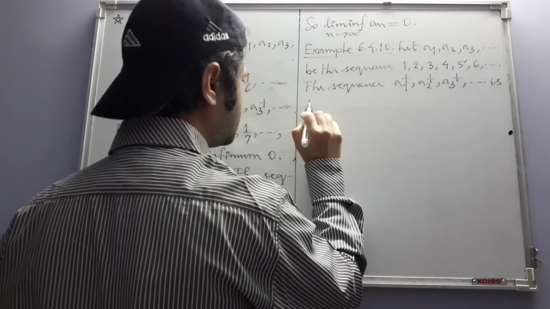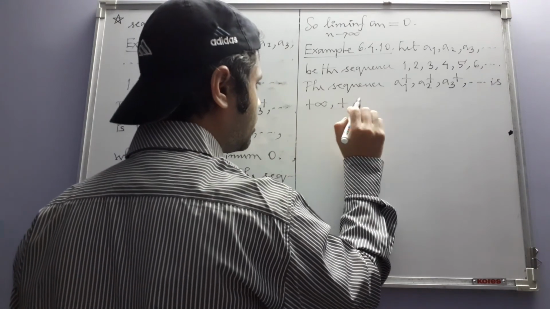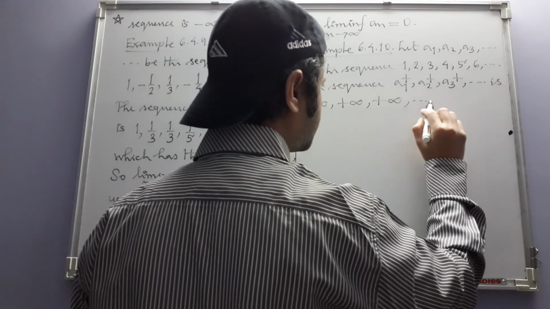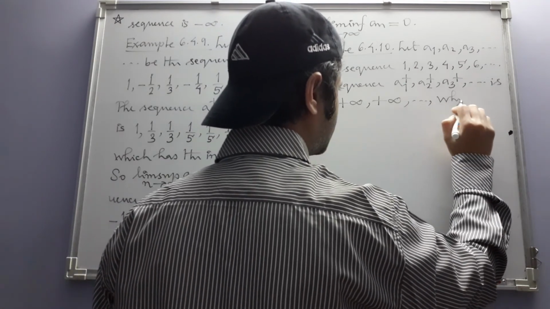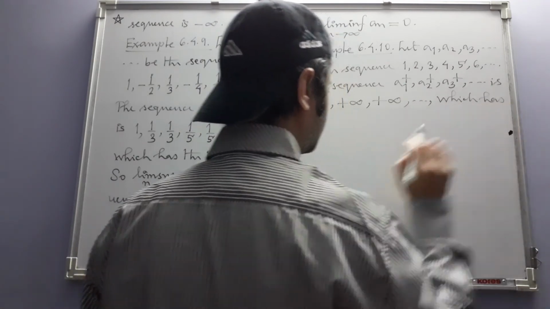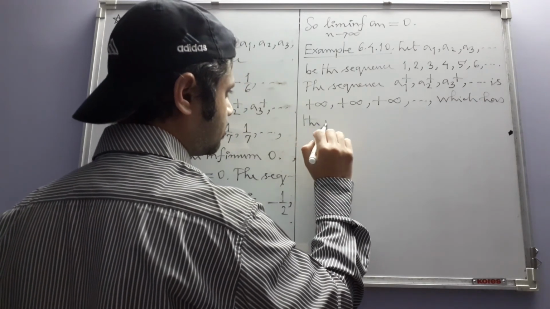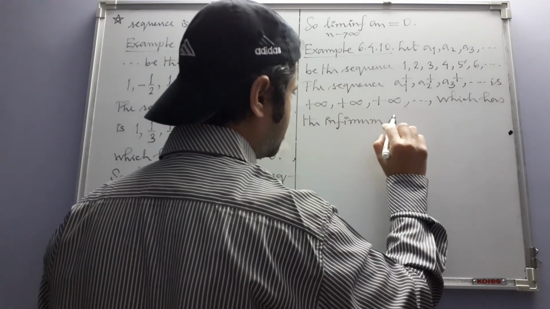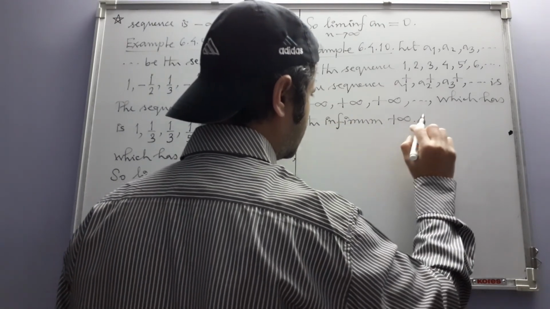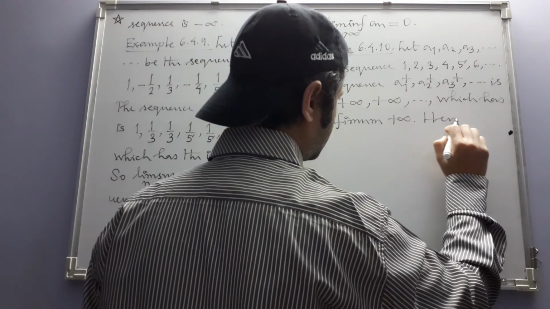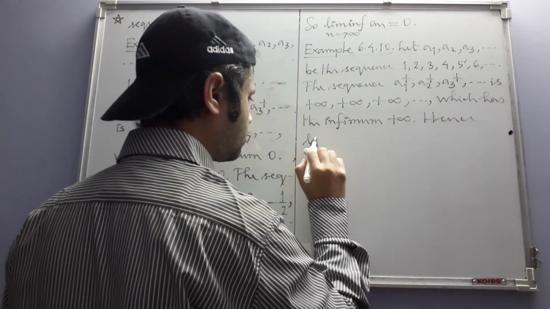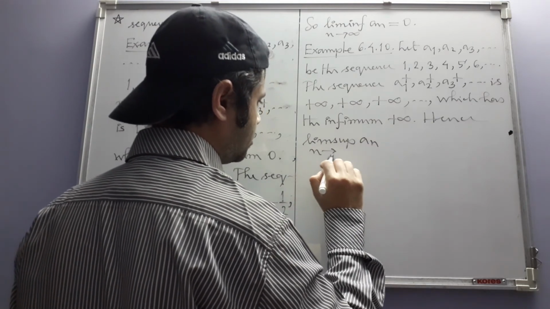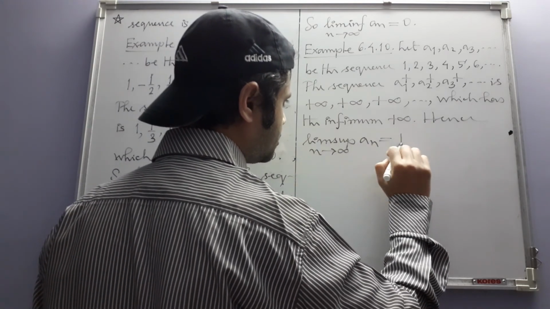So this is constantly plus infinity, which has the infimum also plus infinity. Hence, limit superior is plus infinity.